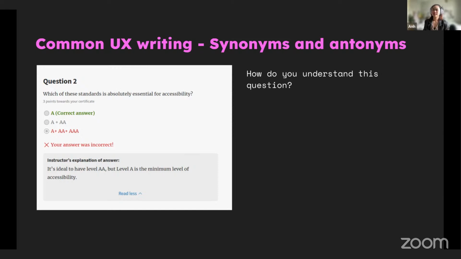In this test, there's this question: which of these standards is absolutely essential for accessibility? There are three options: A, or A and double A, or A and double A and triple A. So I think the answer was A, but how do you understand this question? Have a think about it.